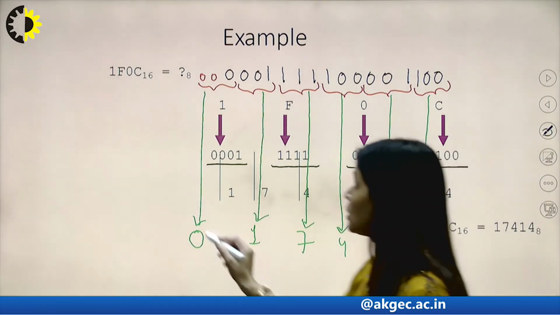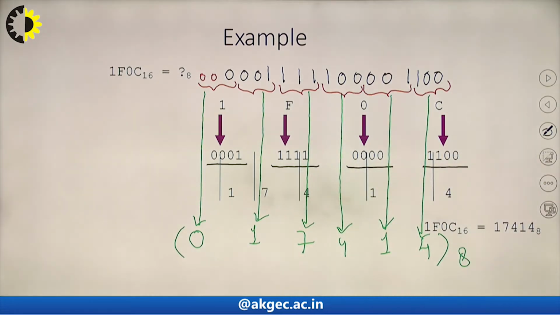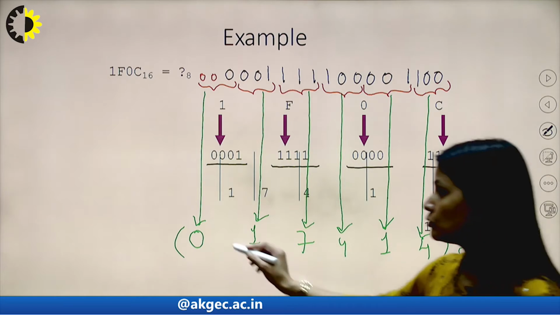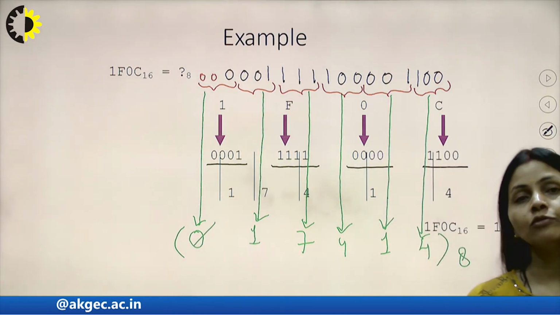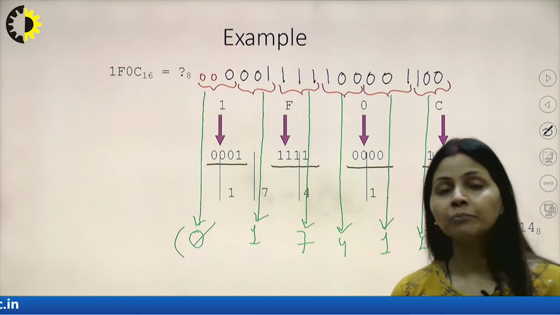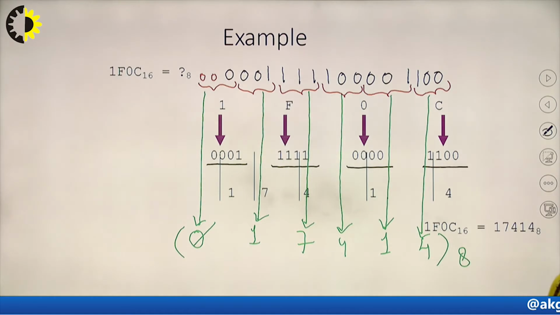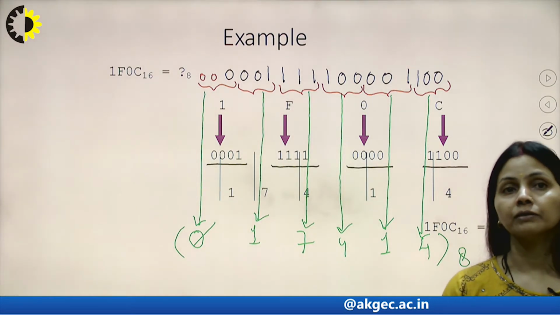So we have the code in its octal form. If you want to exclude this 0, you can, because 0 has no value at the extreme left side. So 17414 is the octal code for the given hexadecimal number.